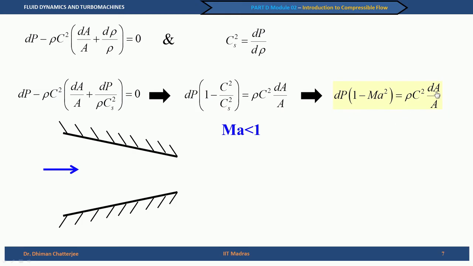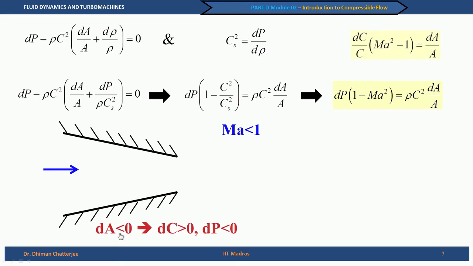Now, if d A is less than 0, what will be the sign of d p? 1 minus Mach number square for Mach number less than 1 is positive. So, that means the sign of d p should be the same as the sign of d A, and hence we should note that for this case d A is less than 0, which means d p is less than 0.